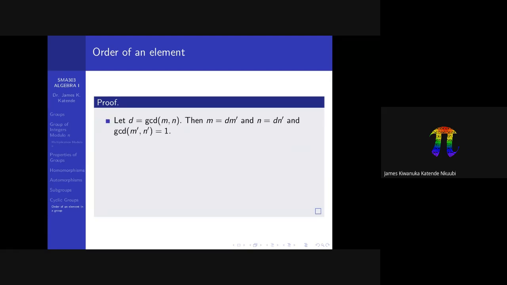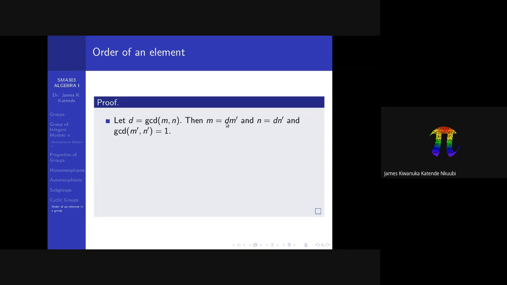So let's fix some notation. Let D be equal to the greatest common divisor of M and N. If D is a common divisor of both M and N, it divides both of them. So we can write M as a multiple of D, M prime times D, and we can also write N as N prime times D. M prime and N prime are just positive integers.